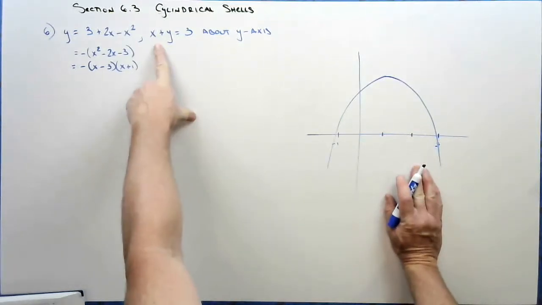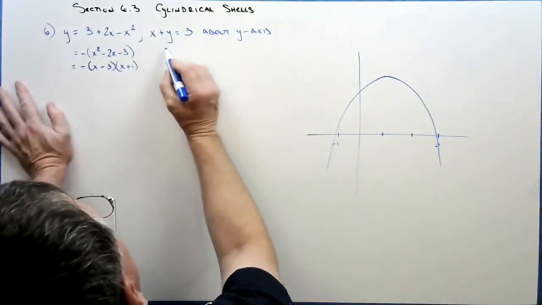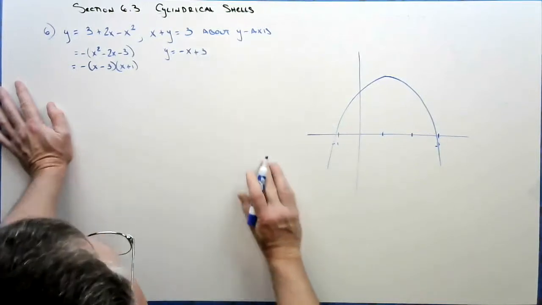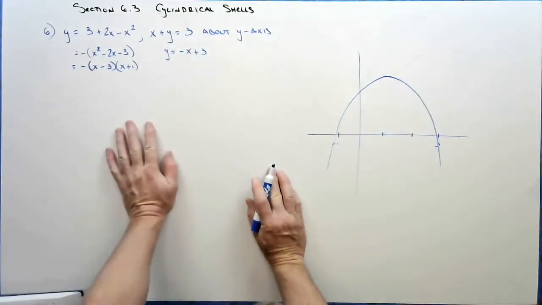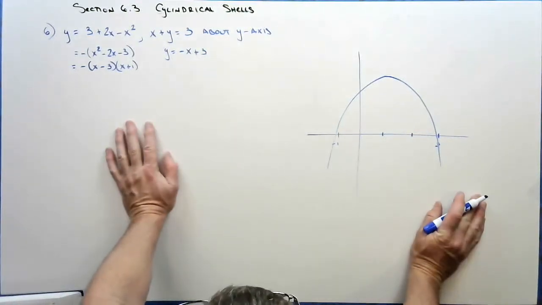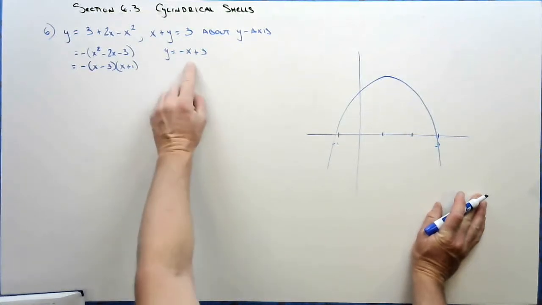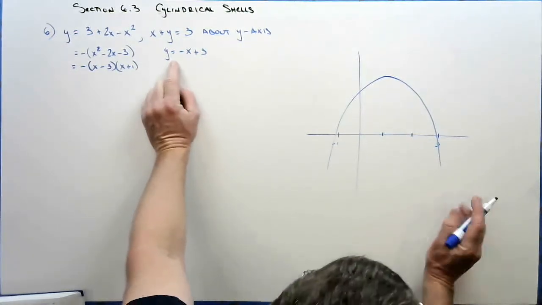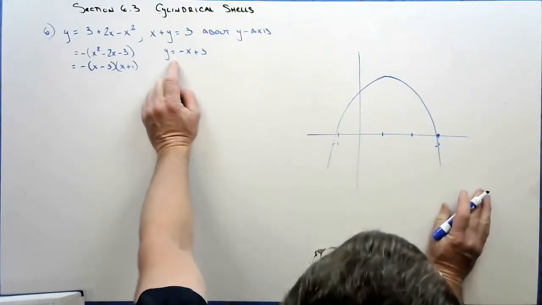Then we have a line. If we solve this, y equals minus x plus 3. So it's a slope of negative 1 and y-intercept of 3. So when x is 3, y is 0. So that goes through here.